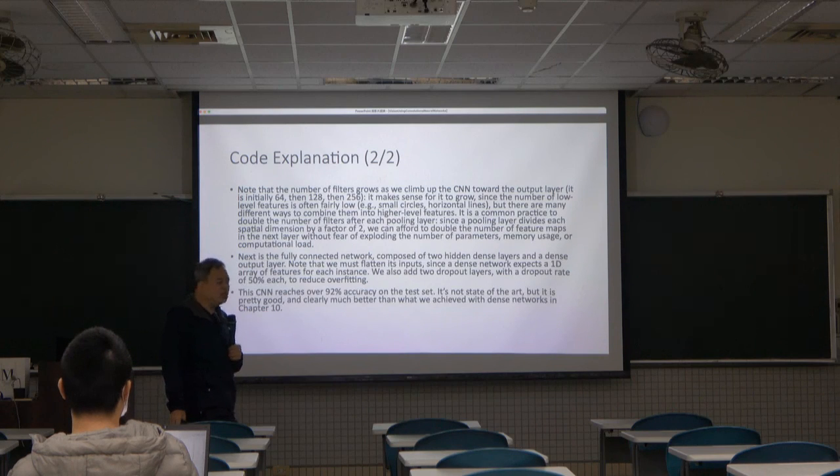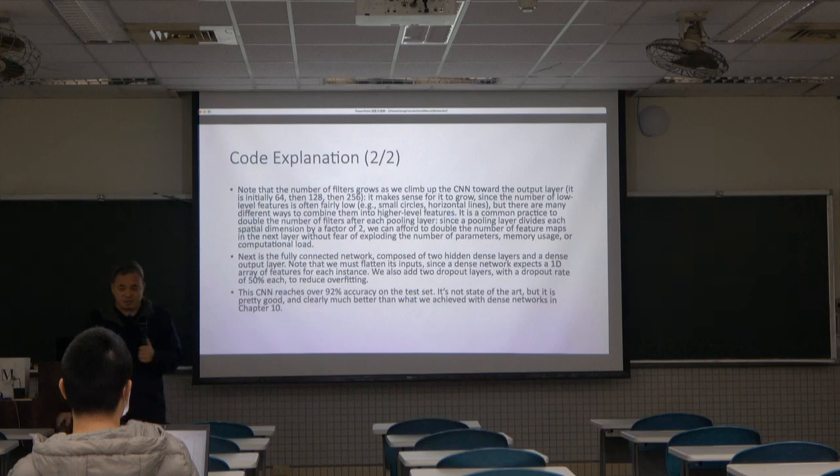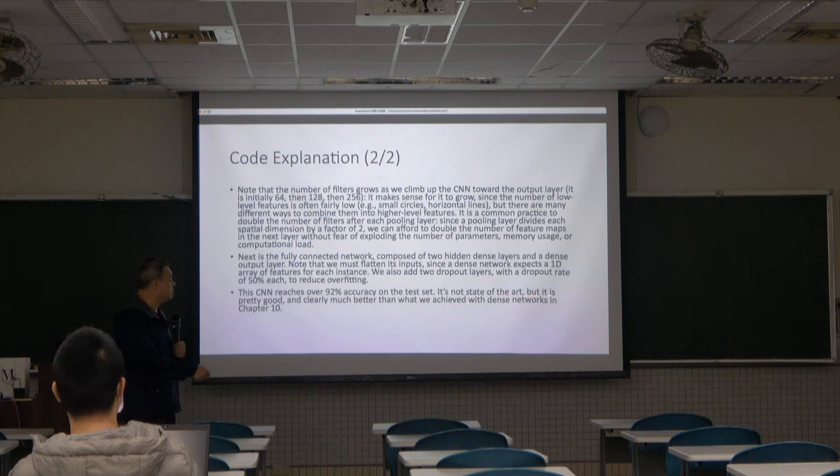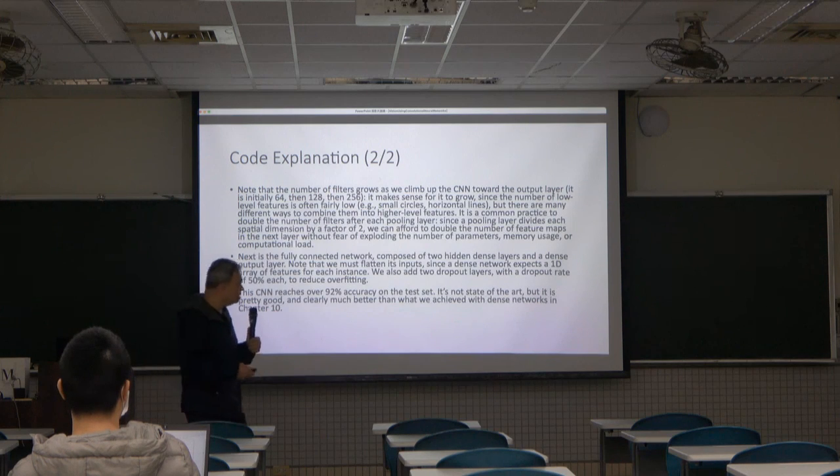A 3% difference is huge, considering it's already very high. It's not state of the art, obviously, but it's pretty good compared with the previous results, and clearly much better than what we achieved with the dense network in the previous chapter.